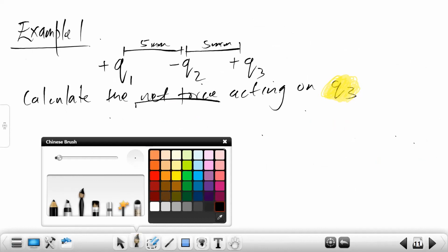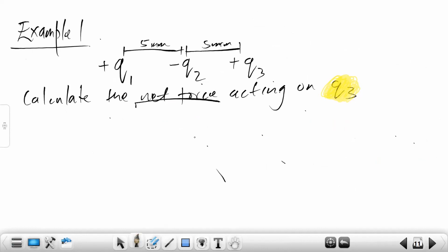Drawing for Q3, what will be the influence of Q1 on Q3 and the distance thereof? Q1 and Q3 are both positive, so it's repulsion. If it's repulsion, this force here, which is going to be a smaller force, will be the force of Q1 on Q3.